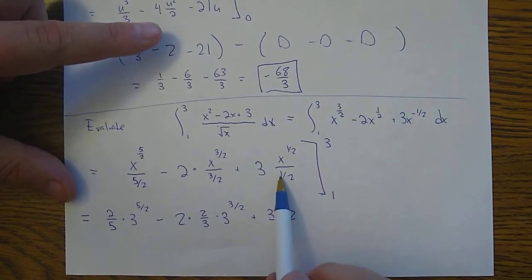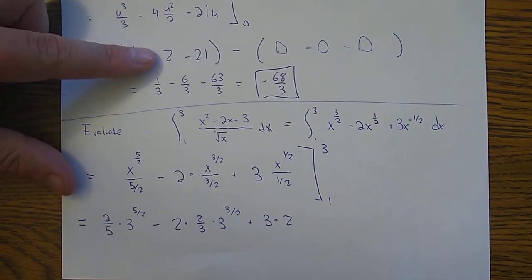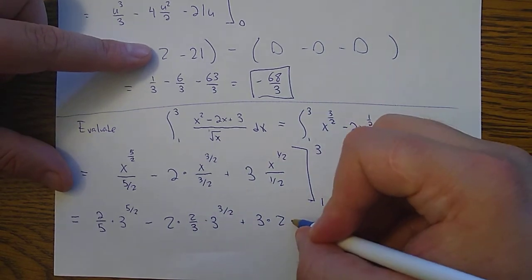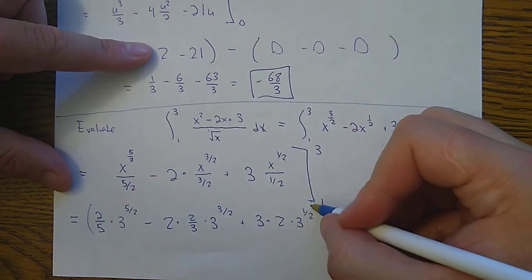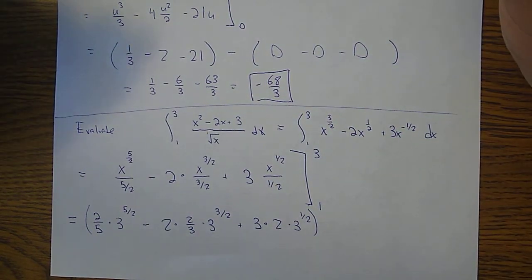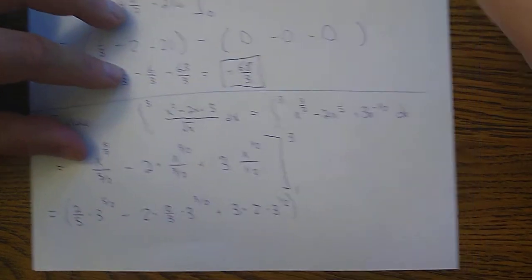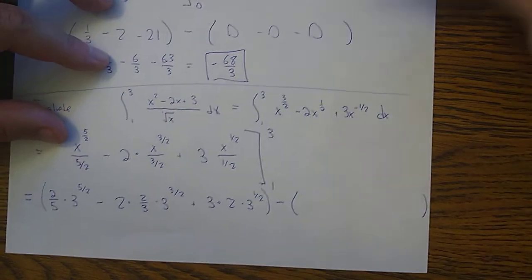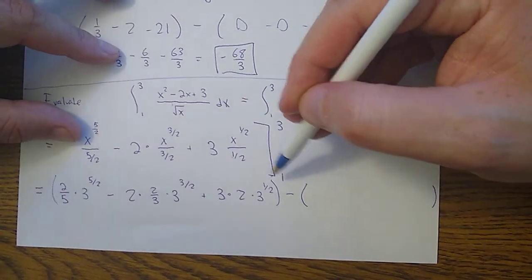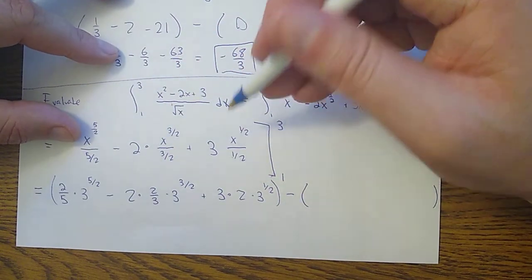Notice I'm doing the reciprocals of the fractions in the bottom as I go. 3 to the 1/2. So that's the result of me plugging in 3 everywhere, and then I'm going to subtract the result of me plugging in 1 everywhere.